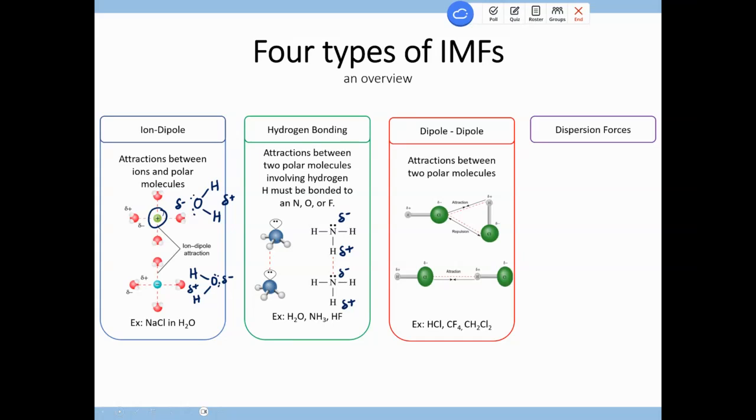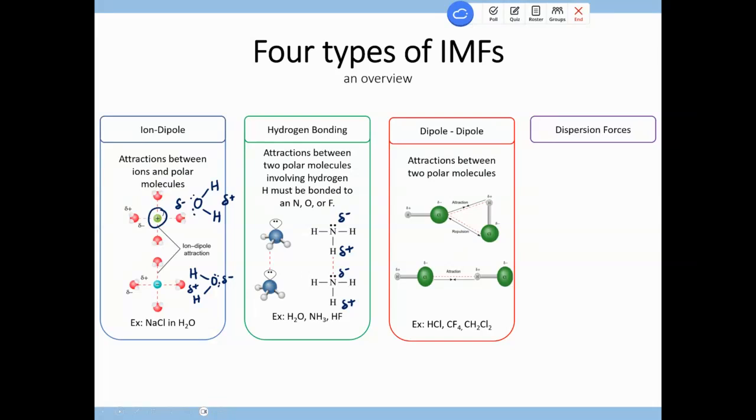Dipole-dipole interactions are when you have polar molecules, but the polarity is not under the hydrogen bonding umbrella, so it's not a hydrogen bonded to nitrogen, oxygen, or fluorine, but you still have a polar molecule. The example is hydrogen chloride, HCl. Chlorine is more electronegative than hydrogen, so we have a partial negative charge on the chlorine and partial positive on hydrogen.